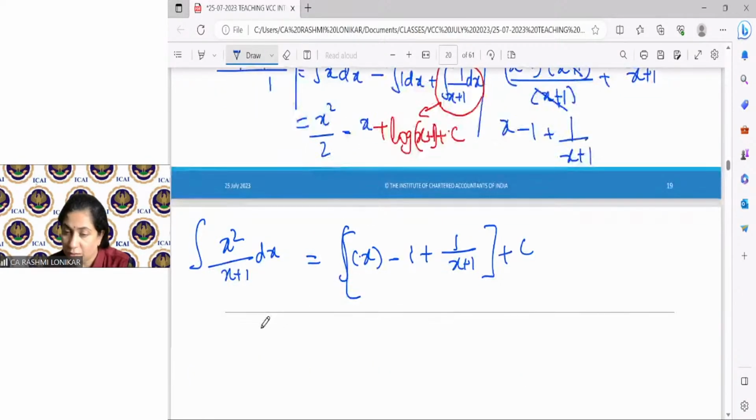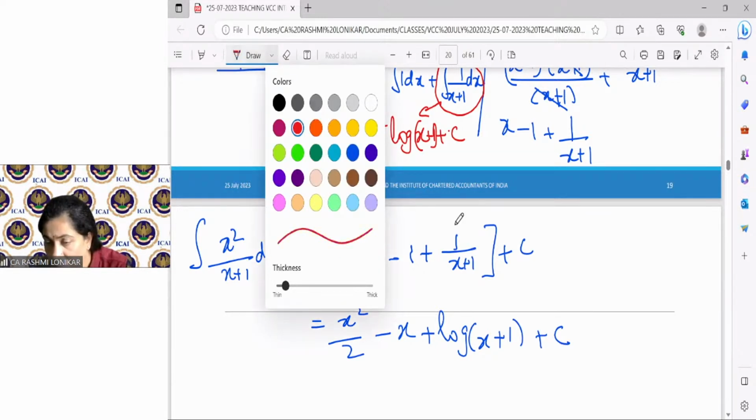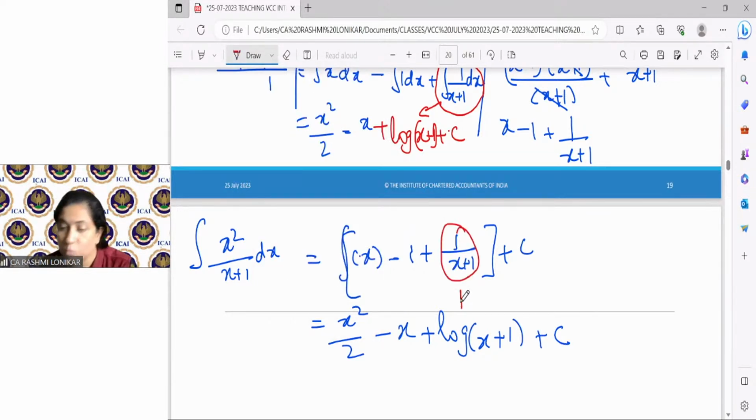Now, this is equal to x square upon 2 minus x plus log of x plus 1 plus c. Okay. So again here, both ways you'll get the same answer, but you only have to remember this portion.